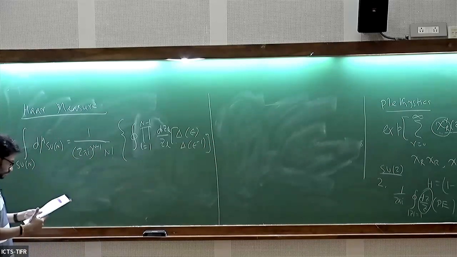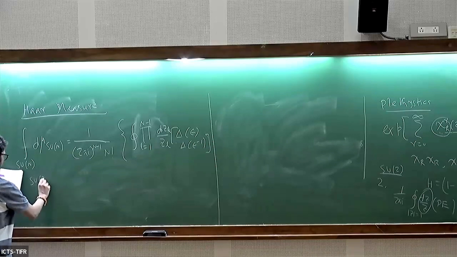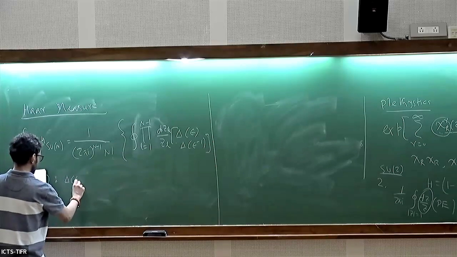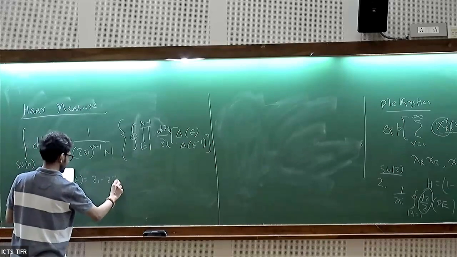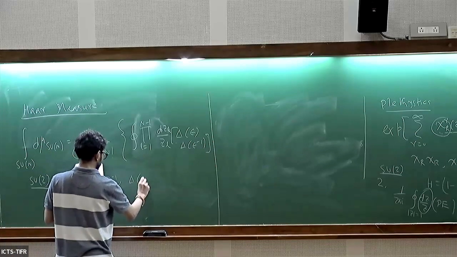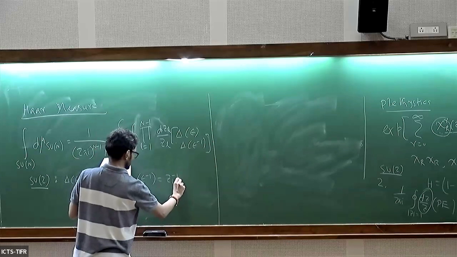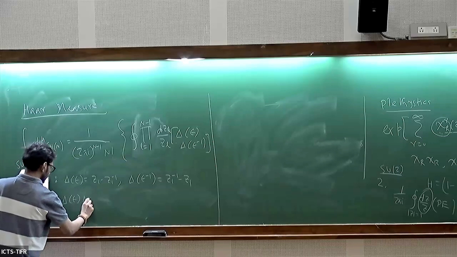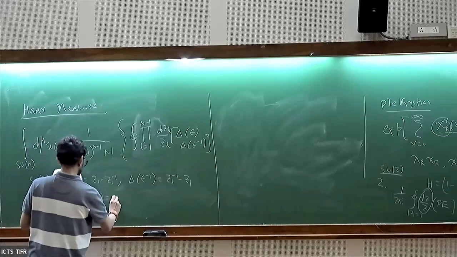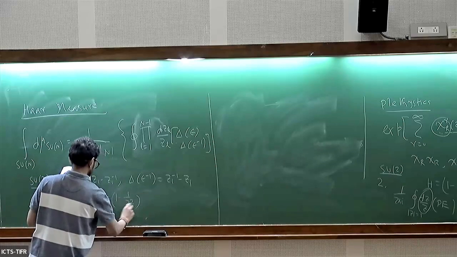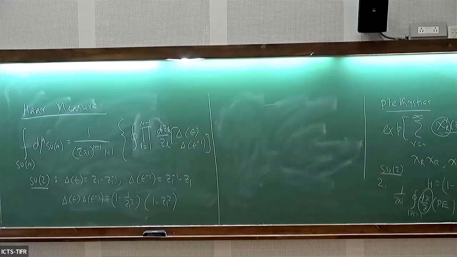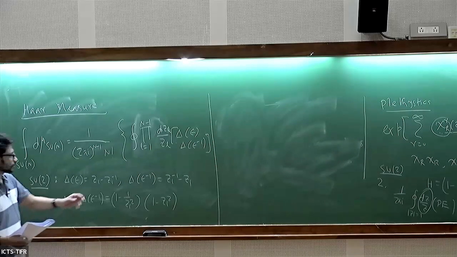In this way, if you define it, you can check for SU2: my delta epsilon is z1 minus z1 inverse, and then delta epsilon inverse is z1 inverse minus z1. So the product of delta epsilon times delta epsilon inverse is 1 minus z1 squared, 1 minus 1 by z1 squared.